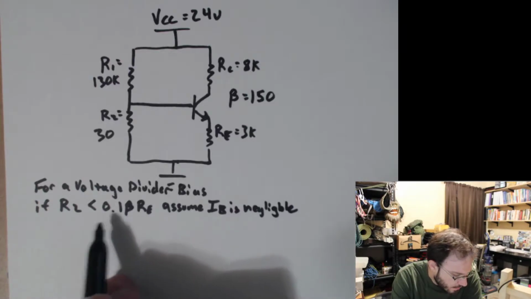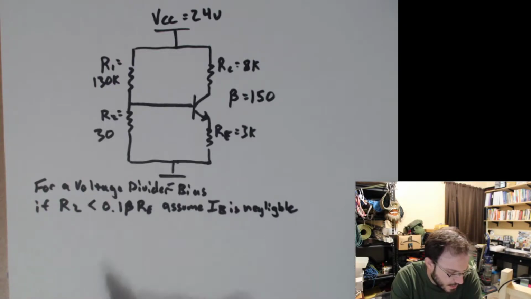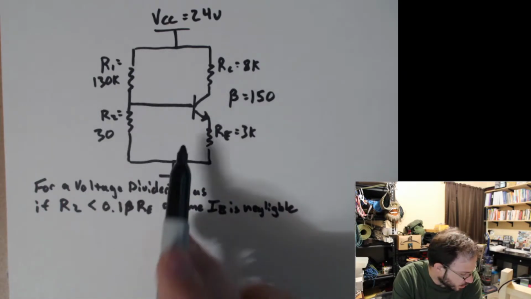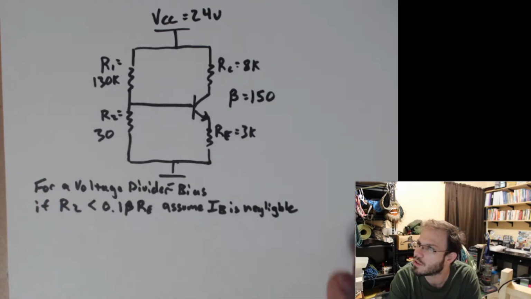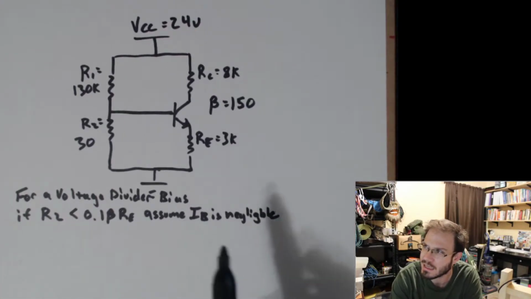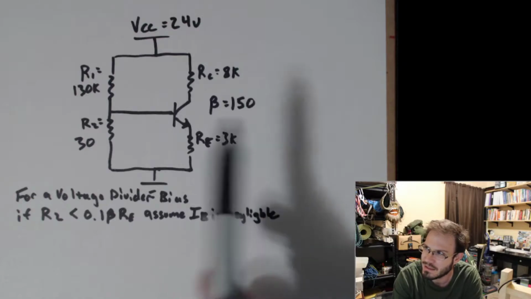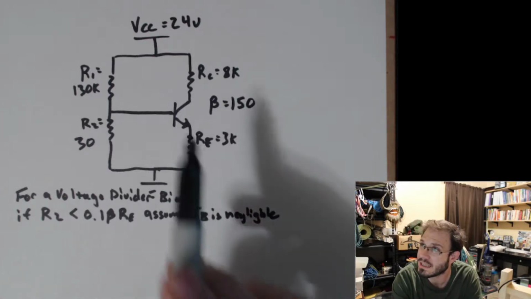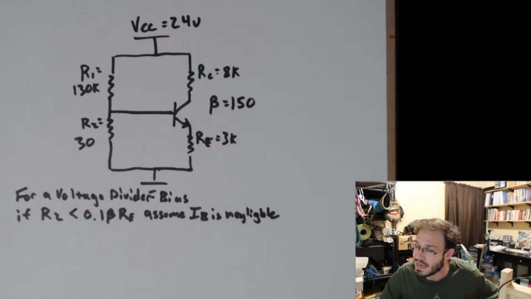So if R2 is less than 0.1 times beta times RE, I believe that is when you're going to get the most accurate results from this approximation technique. And I think for us, this technique is most valuable, especially when you're operating these transistors for our intended application, which we're going to talk about, which is amplification.